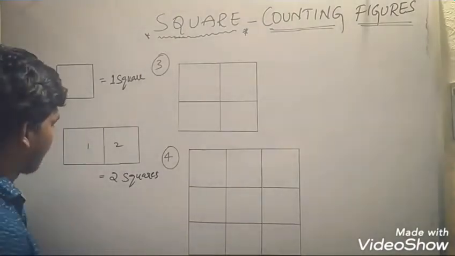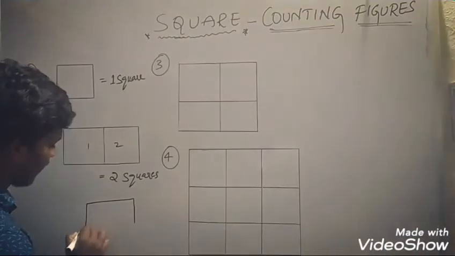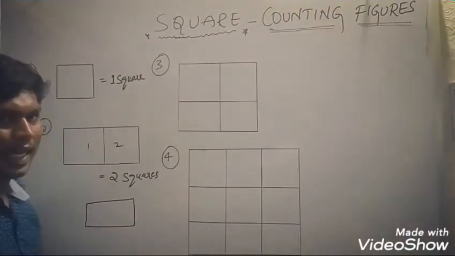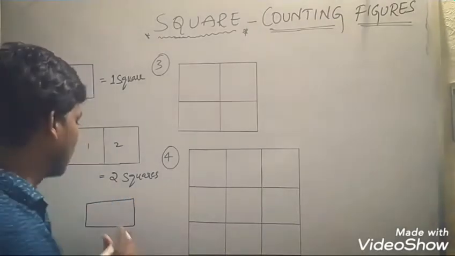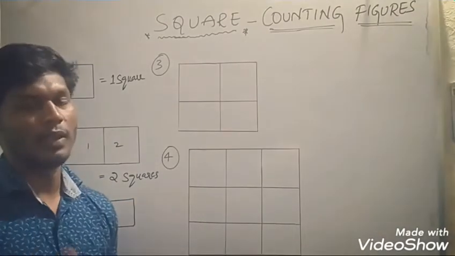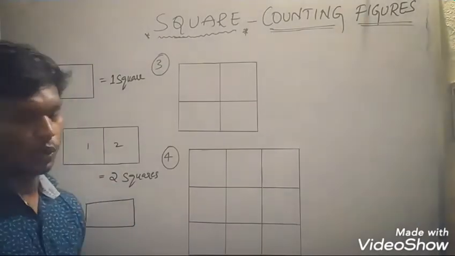But listen friends, if we combine both 1 and 2 together, it becomes a rectangle but not a square, so we haven't considered it as a square. Therefore the number of squares in figure number 2 is only 2.